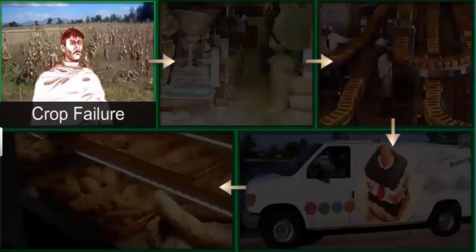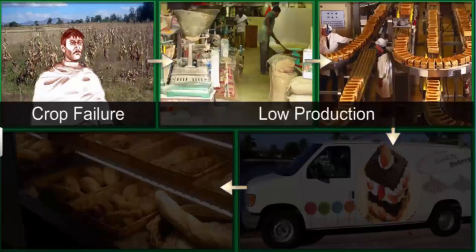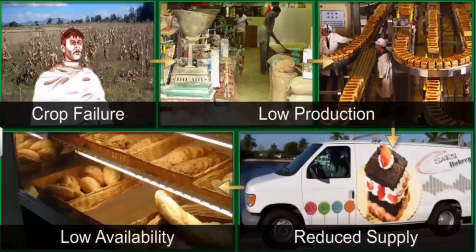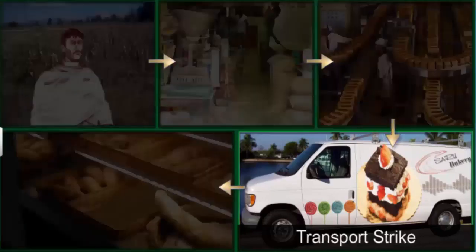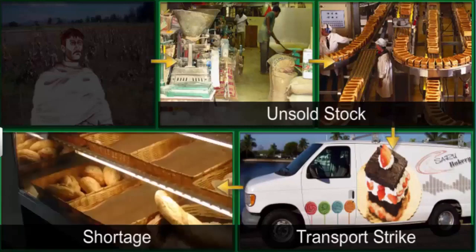A failure of wheat crop in the primary sector would affect the production of flour and bread in the secondary sector, leading to reduced supply and availability of bread in the tertiary sector. Similarly, if the transporters go on strike, unsold stock will pile up with the manufacturers, while there will be shortage of goods at the shops.